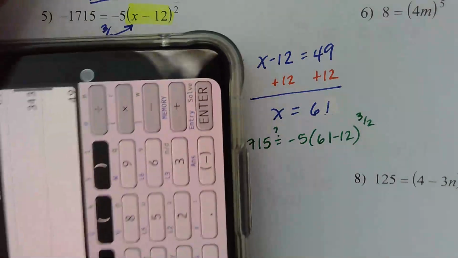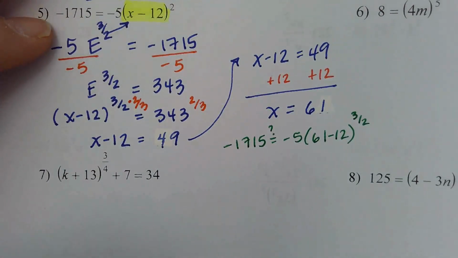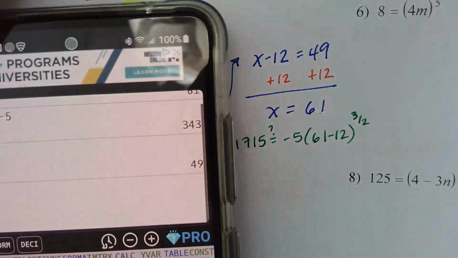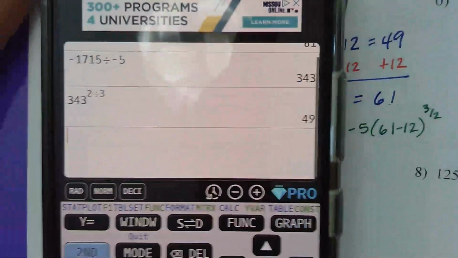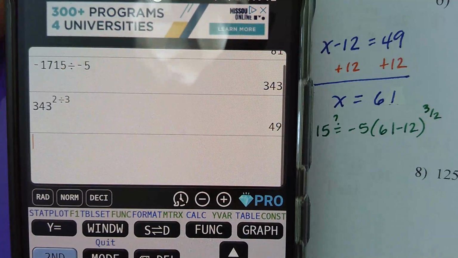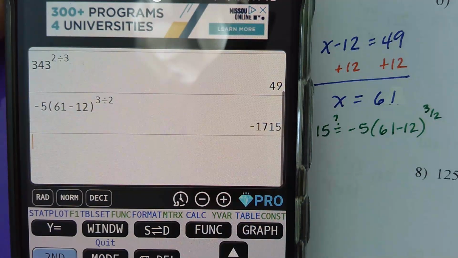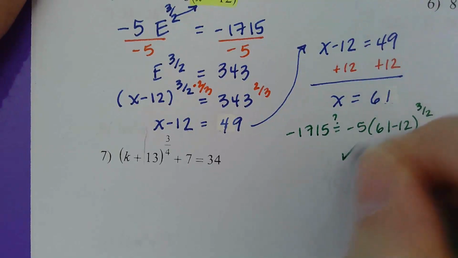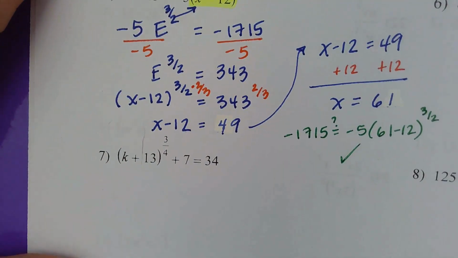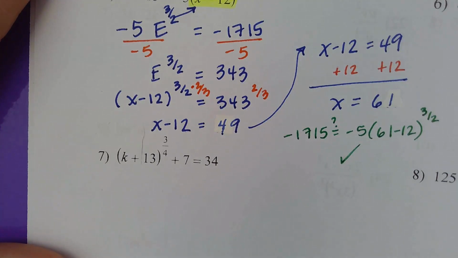If I put this in the calculator, just like that, then I do negative 5 parentheses 61 minus 12 raised to the 3 divided by 2 power, and I get negative 1715. So it works out. I encourage you to check yourself when you do these. It's just one more step at the end so that you can feel confident that what you did is right before you move on.